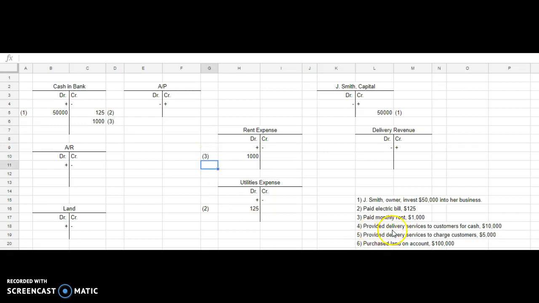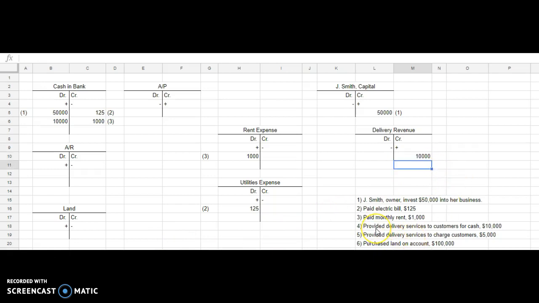Number 4, provided delivery services to customers for cash. So you received cash, $10,000. Why did you receive cash? Delivery expense. Actually, delivery revenue.